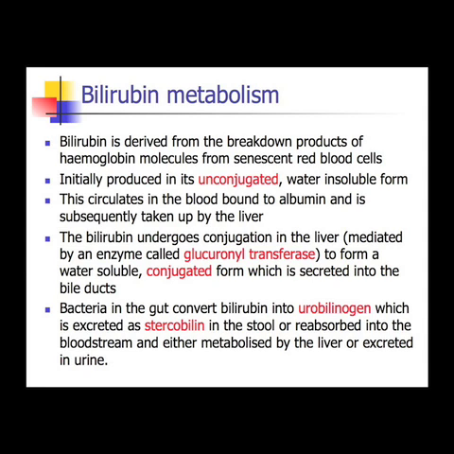And this can then be secreted into the bile ducts and into the small bowel, where bacteria in the gut convert this conjugated bilirubin into urobilinogen, which is excreted in the stool as stercobilin, or it can be reabsorbed into the bloodstream and metabolized again by the liver or excreted in the urine.